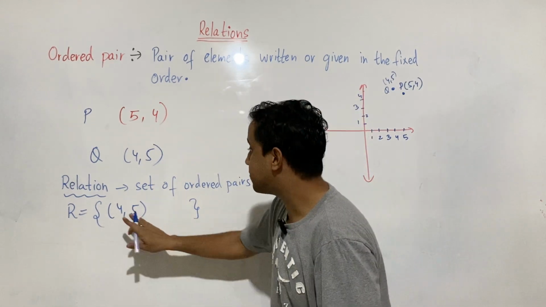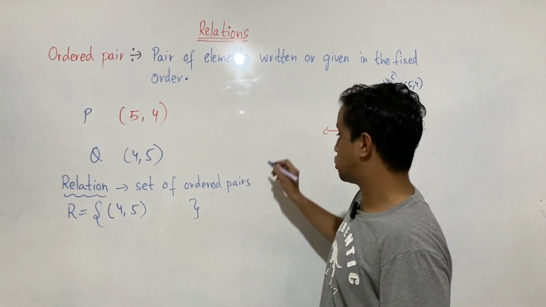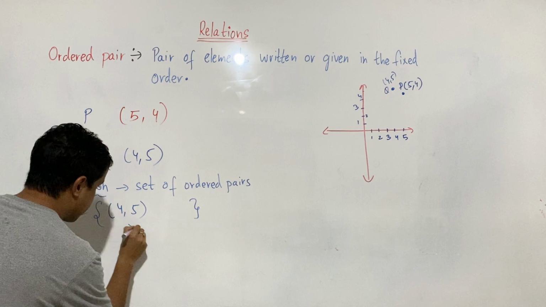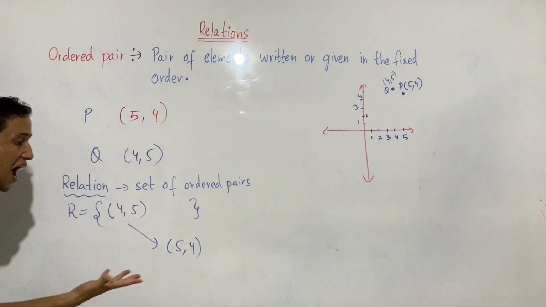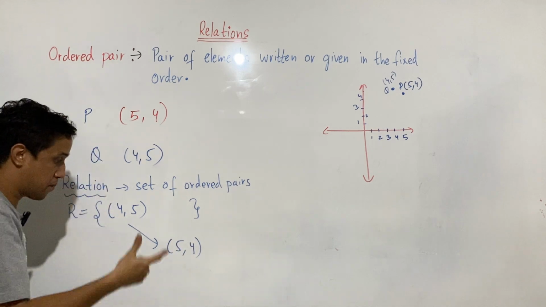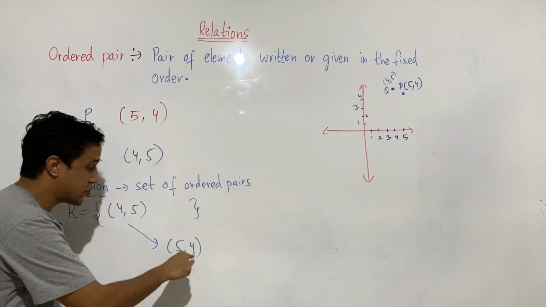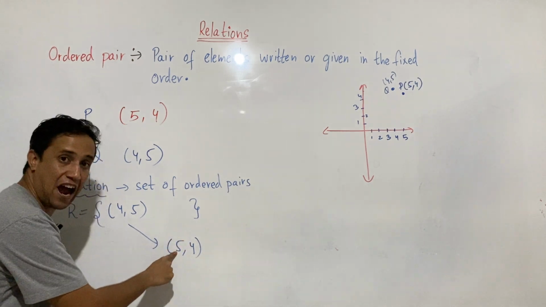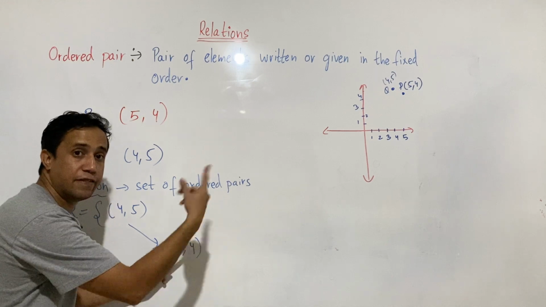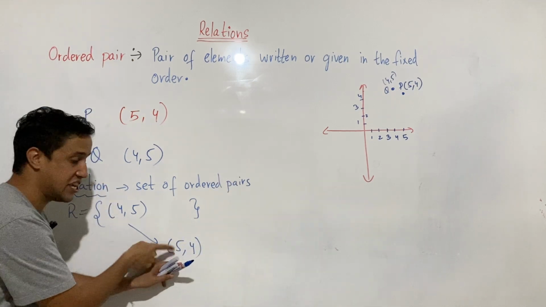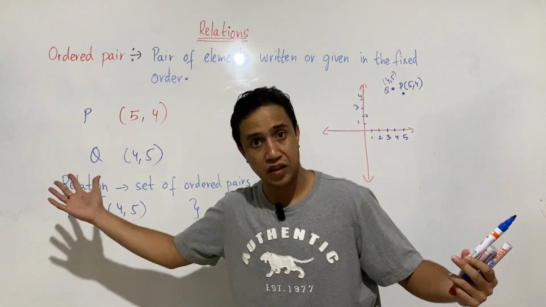But if you ask me to change it to 5, 4, I cannot do that. Why? Because then I would interpret it as element 5 of the first set being related to element 4 of the second set. So the interpretation is totally different.